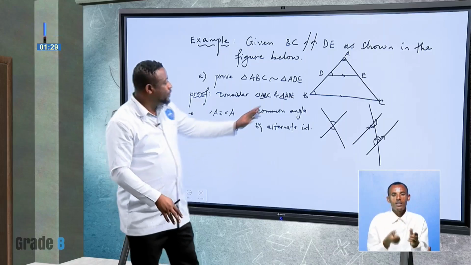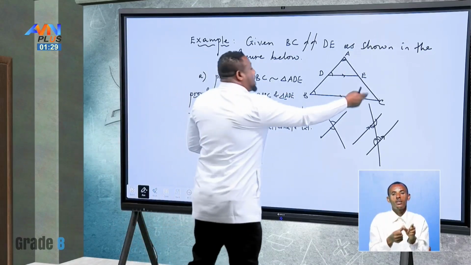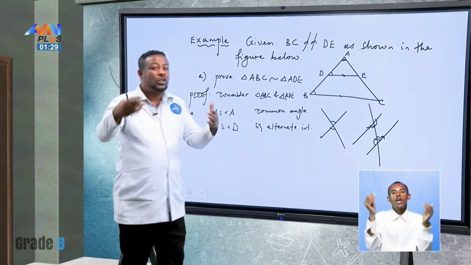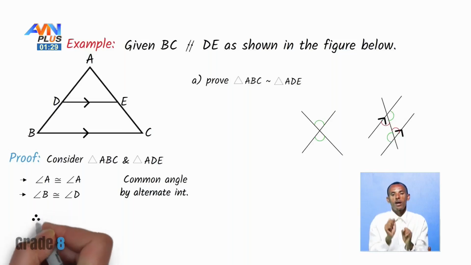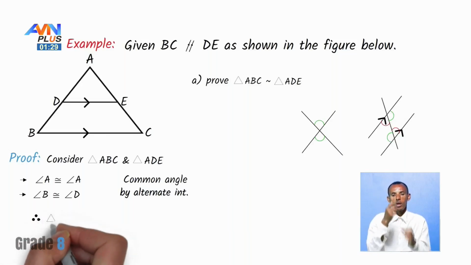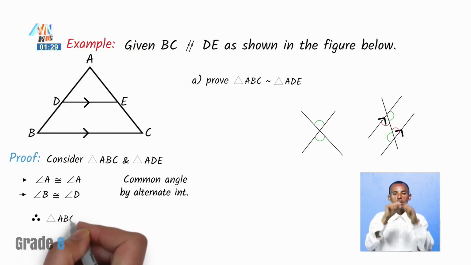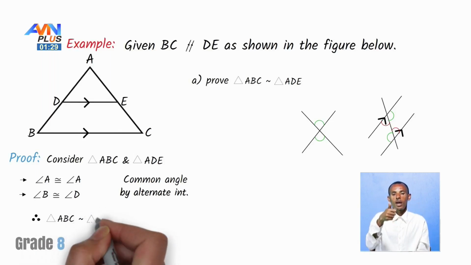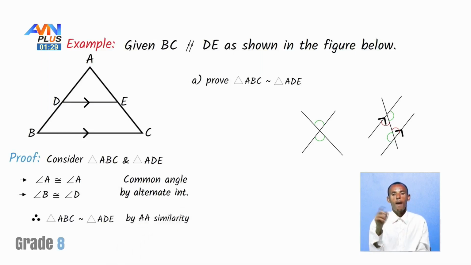Since we now have two corresponding congruent angles, by default their third angle will also be congruent, but we don't need to show that. So we can say that triangle ABC is similar to triangle ADE. This happens by the angle-angle similarity theorem, okay?